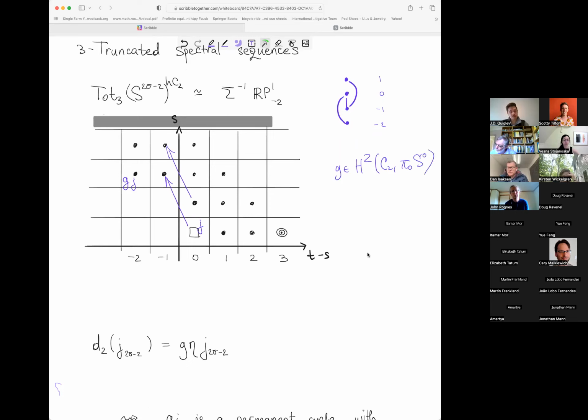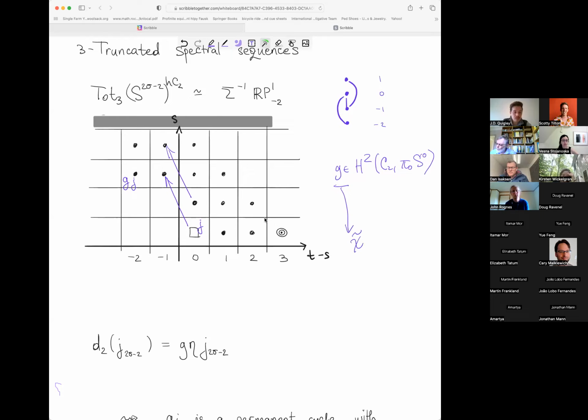Maybe we need to complete at 2, but it's still the same kind of thing. What that means is that this G gets sent to chi tilde that we saw up here.